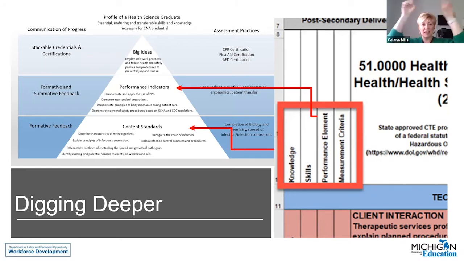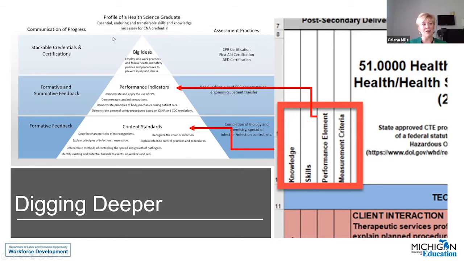And those became our big ideas kind of at the top of that triangle. Then from there, they dug into those standards and they started looking at things in this knowledge and skill area. This knowledge and skill area informed the things that really were our content standards. That's how they identified those. And again, if you look at the gap, those are usually things in a particular column on the gap.